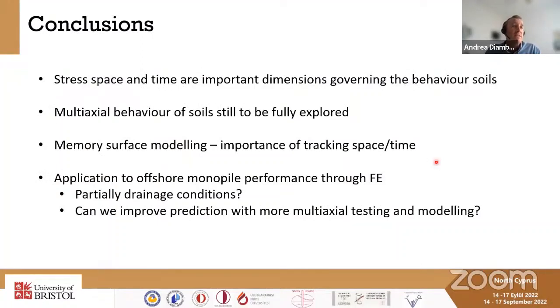So we have discussed the importance of stress, space, and time for governing the behavior of soil. We have identified that the multiaxial behavior of soil, both in experiments, but maybe even in modeling, has not been fully unraveled. And we have also discussed this memory surface modeling technique that is probably a simple geometrical way to track what's happened in space and time.